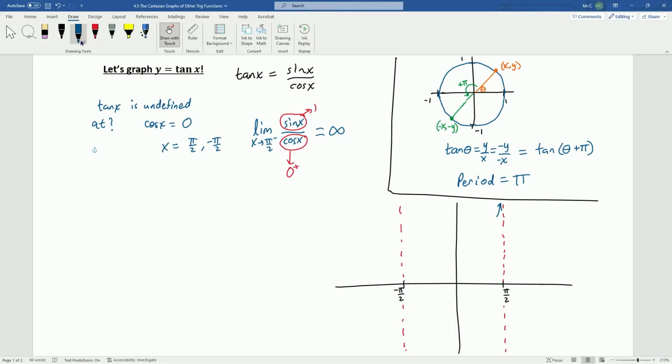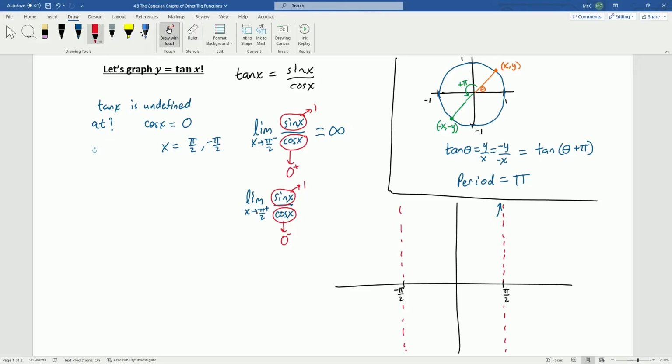Now, while I'm at it, let's look at what's happening as x approaches pi over 2 from the right. Well, sine of x is still approaching 1. But cosine of x is approaching 0, this time from negative values.